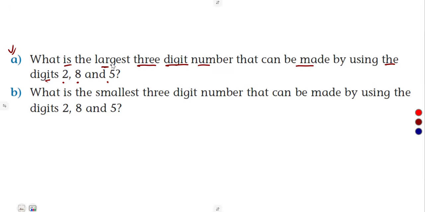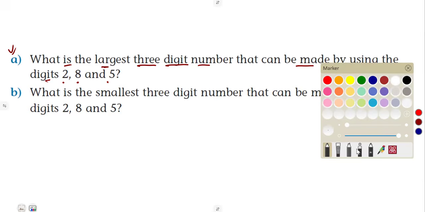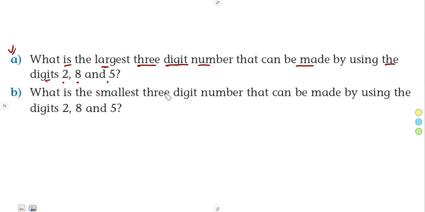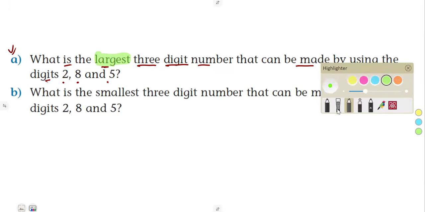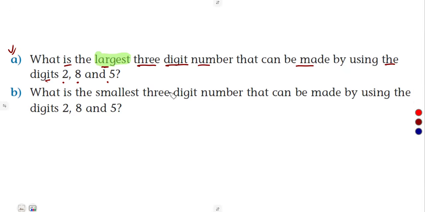So for the largest 3-digit number, when they say the largest, you just work out from the largest digit. So you write these digits from the largest one. Of the digits that we have, the largest is 8.